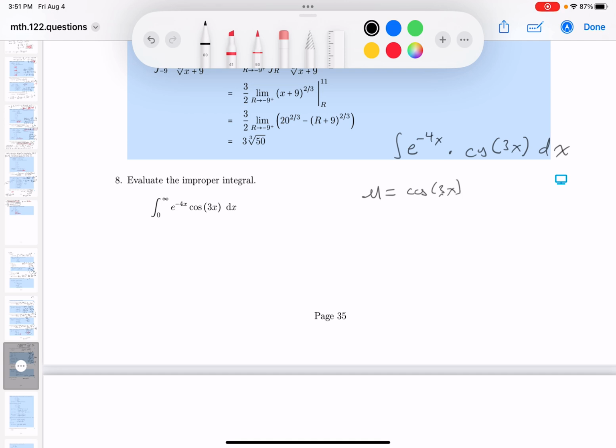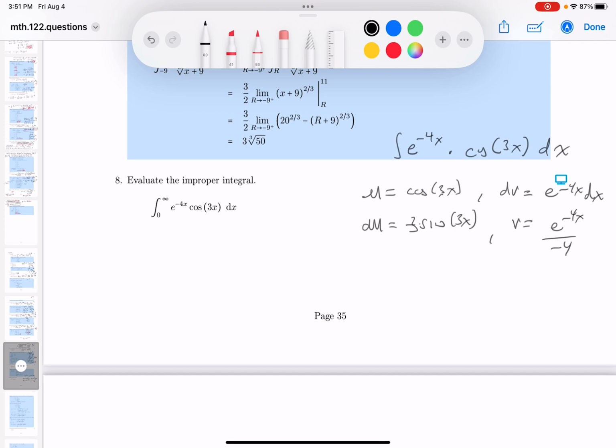You might want to say something different, but that's fine. du is minus sine 3x times 3. This means dv is e to the minus 4x dx, and v would be e to the minus 4x over minus 4.